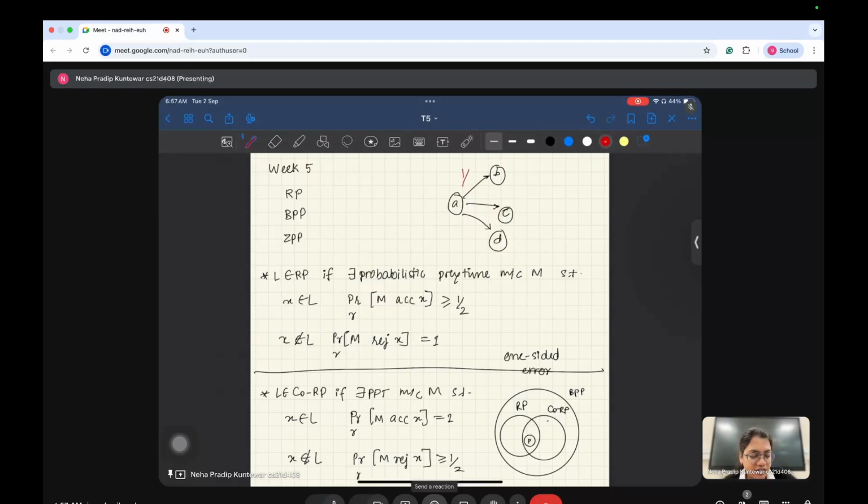Say with probability 1/4 it will go to state B, with probability 1/4 it will go to state D, and with probability half it will go to state C. So we have these additional probabilities associated with the transitions, and that is one way of viewing it: a machine with probabilities on every transition.